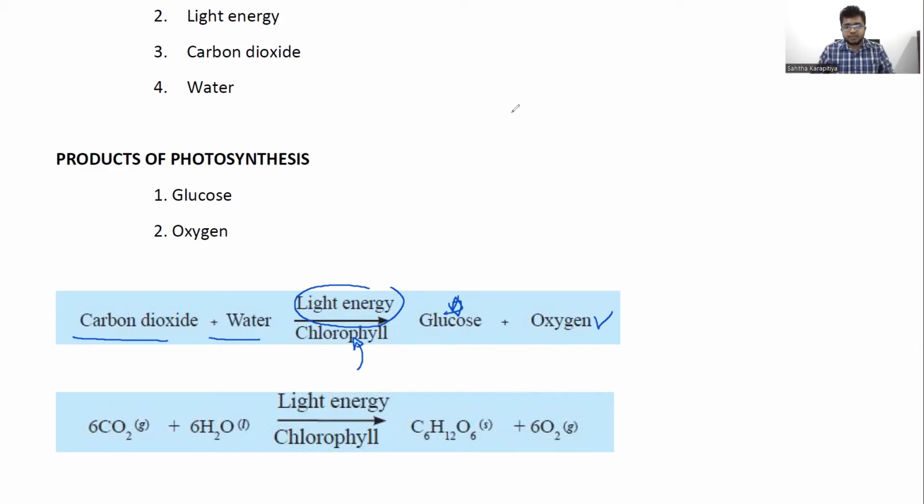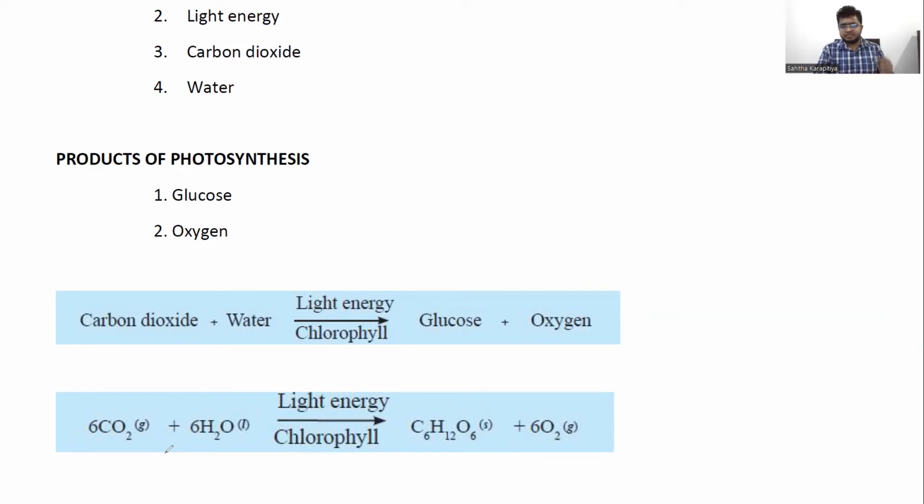If we write the chemical equation, it is 6 CO2, and you know CO2 is the chemical symbol for carbon dioxide, plus 6 H2O, water. With light energy captured by chlorophyll, it produces C6H12O6. What is C6H12O6? C6H12O6 is glucose, plus the byproduct, oxygen.